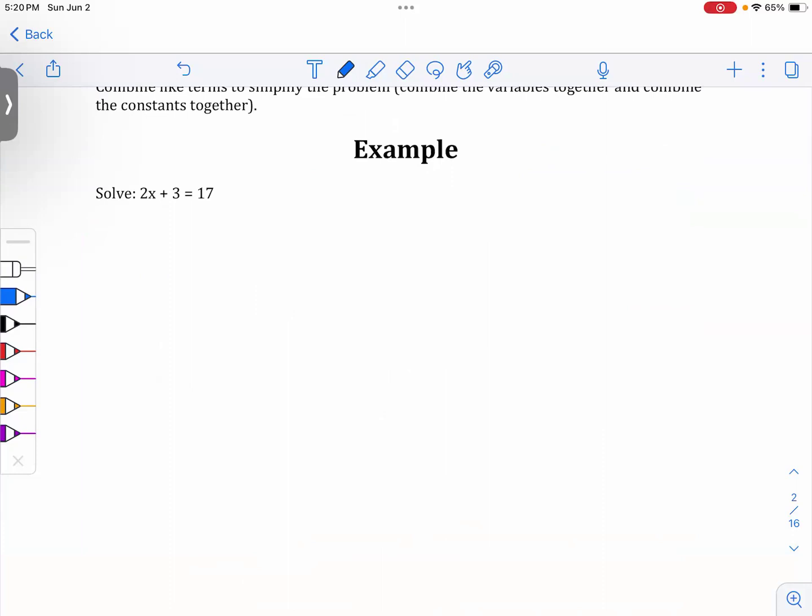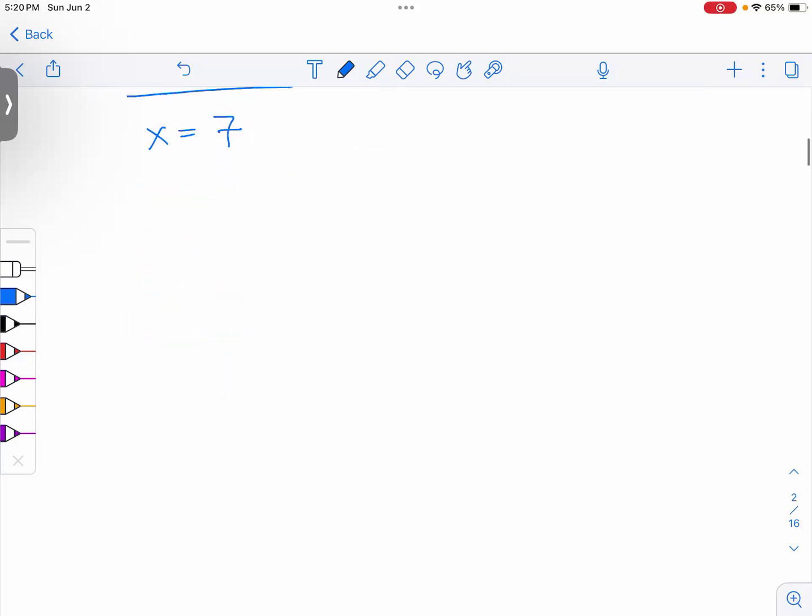So 2x plus 3 equals 17. So addition is the simplest, so I start with subtraction. Then divide by 2. Gets me x equals 7.